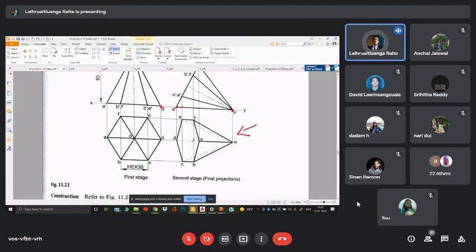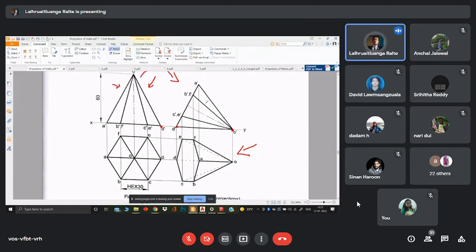All right, so what conditions do we get? The axis is still parallel to the vertical plane, and OD, as it is the one resting on the horizontal plane, retains its true dimension. The rest of it are now distorted because of its orientation, because of its inclination.